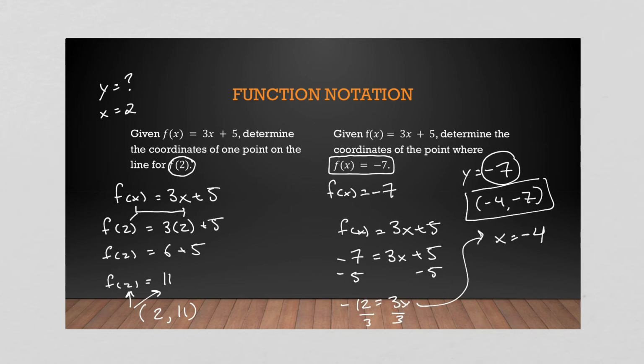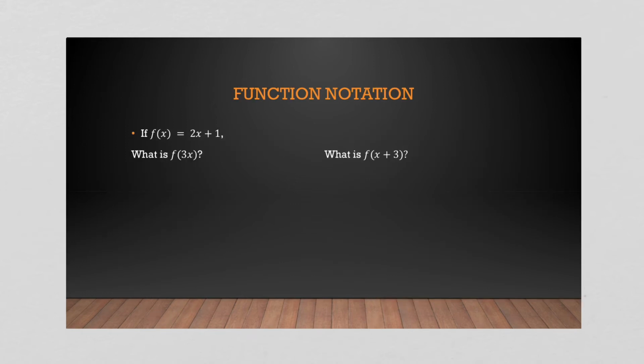Now obviously, just like everything we do, it's going to get a little bit more complicated. So let's look at this example. Here's f of x is 2x plus 1. So they're saying, well, what is f of 3x? Now remember, this is all about substitution. It means if you originally saw an x, you now see a 3x.